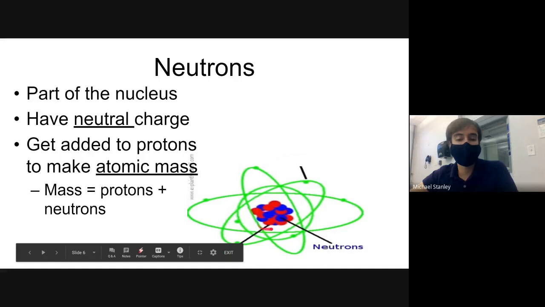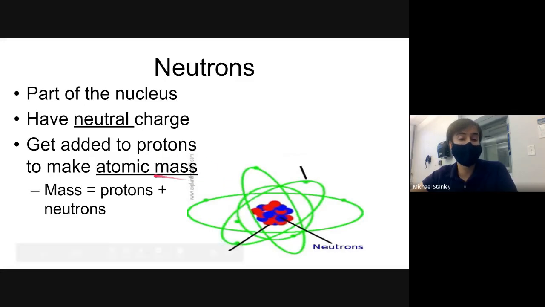So the protons and the neutrons are hanging out together in the nucleus. And if you remember what I was saying a second ago, the weight or the mass of the atom is pretty much all made up of the protons and the neutrons.